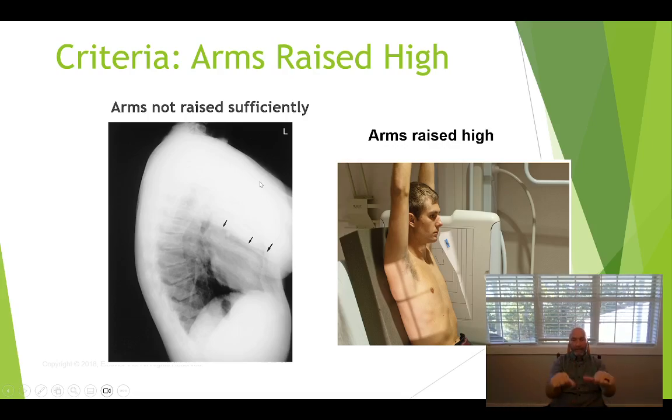They probably had the patient stick them out in front of them, elbows bent, and then we've got a lot of superimposition over the anterior portion of the lungs. So make sure you have the patient put the arms either straight up over their head. If they can't hold them up over their head, have them fold them across their head. Have them hold on to something to try to get them out of the way.